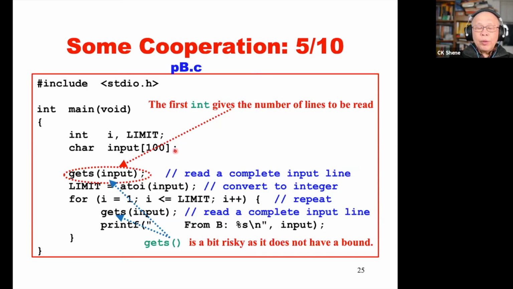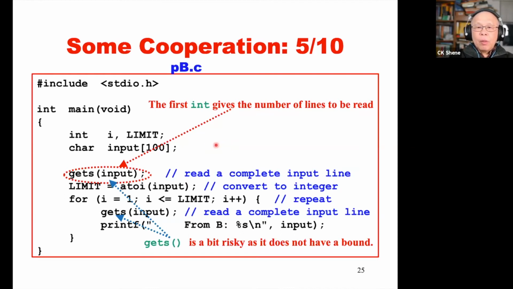Now, what if the input line has, say, 150 characters? Well, the first 100 characters will be here. The next 50 would follow the first 100, followed by one binary 0. So we don't have this extra 51 positions to store the input.